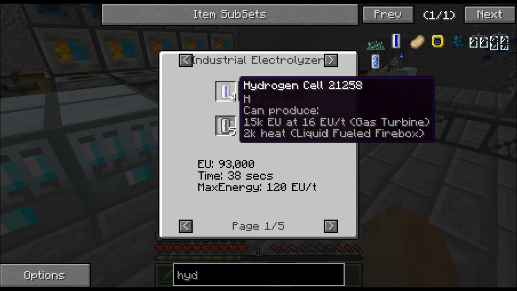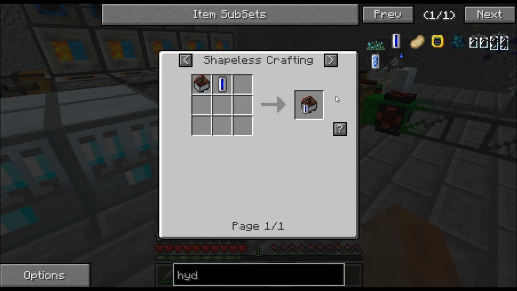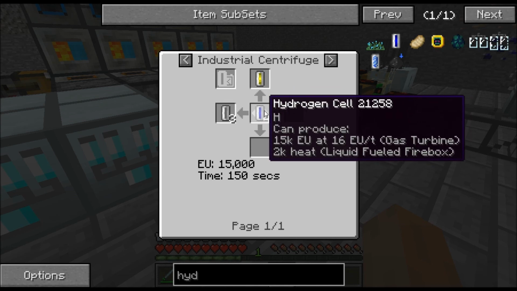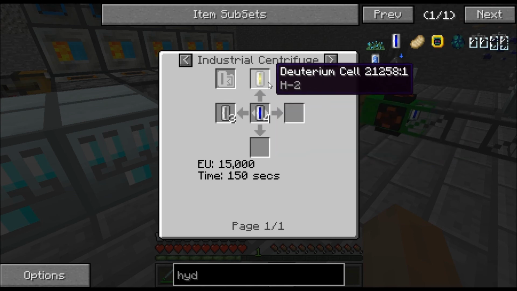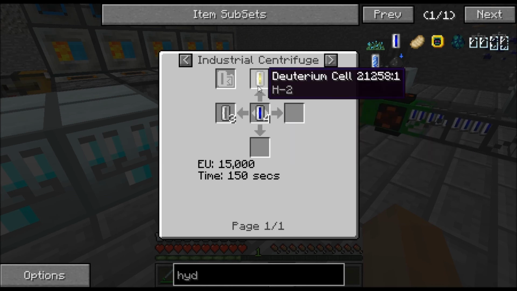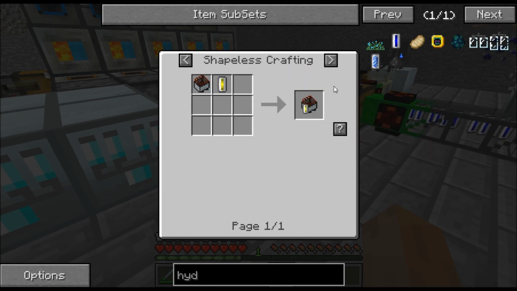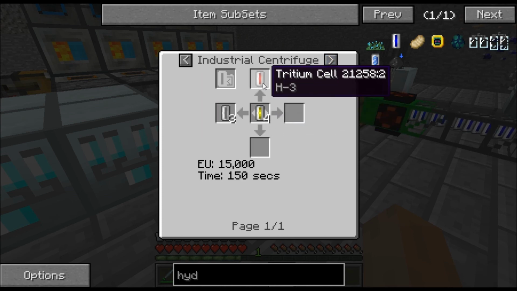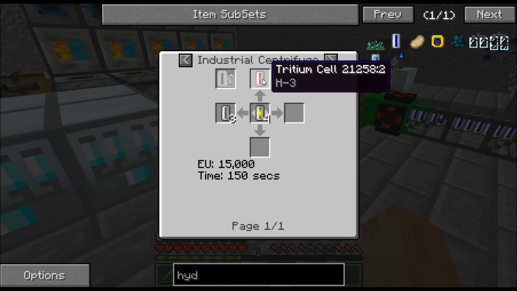And then to make deuterium, you have to take the hydrogen cells and run them through a centrifuge, and it takes 4 hydrogen cells to make 1 deuterium, and it takes 150 seconds. And then to make tritium, you have to run 4 deuterium cells through a centrifuge to make 1 tritium.